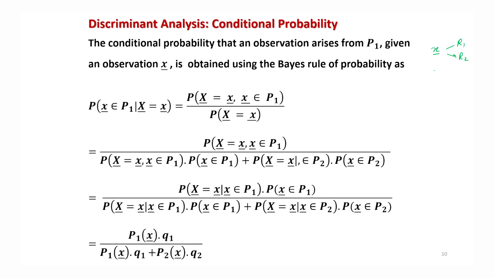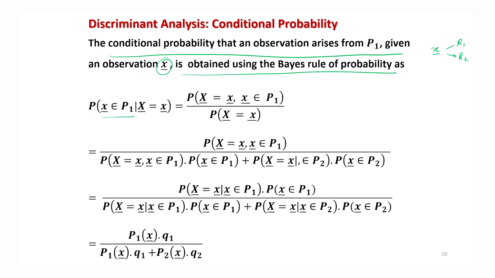So for that we use the concept of conditional probability, and we try to use the Bayes theorem. You may recall that there is a way to compute the Bayes probabilities also. So we are going to find out the conditional probability using the Bayes theorem. The conditional probability that an observation arises from the population P1 given an observation X is obtained using the Bayes rule of probability, which is here like this.